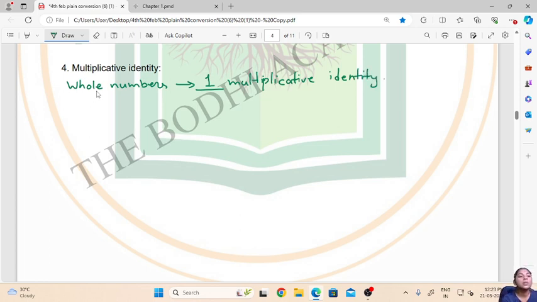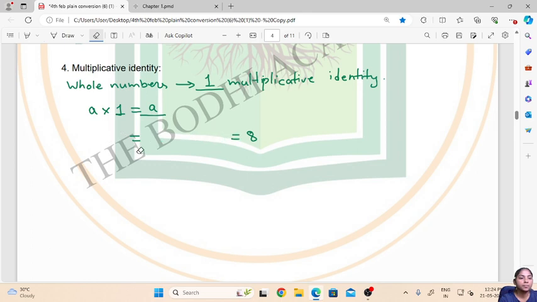For all the whole numbers, that is any whole number a, if it is multiplied by 1, we will get the answer as a only, the number itself. For example, if we do 2 multiplied by 1, we will get the answer as 2. If we do 8 multiplied by 1, we will get the answer as 8 itself.